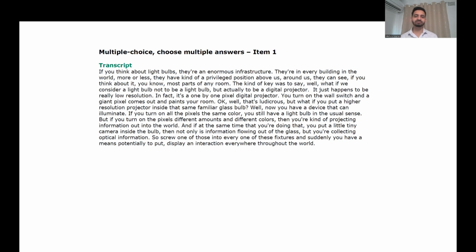And if at the same time that you are doing that, you put a little tiny camera inside the bulb, and then not only is information flowing out of the glass, but you are collecting optical information. So screw one of those into one of these fixtures, and suddenly you have a means potentially to put, display, and interaction everywhere throughout the world.